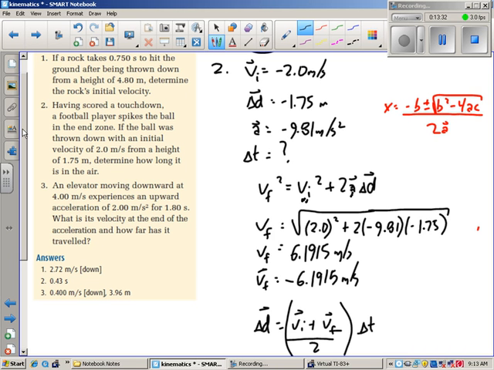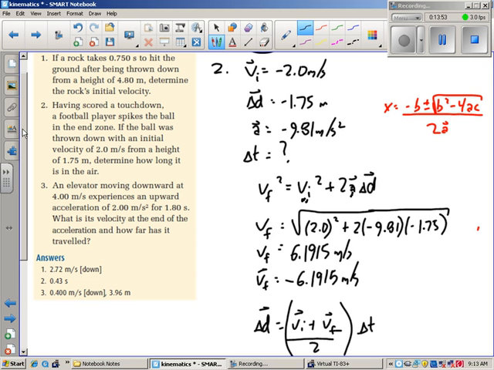What were your 2 answers? 0.43, obviously, and 0.83. What does the 0.83 mean there? Let me think about that.